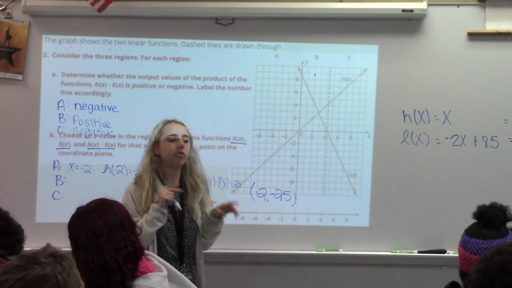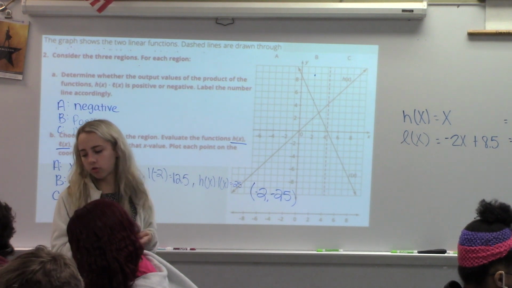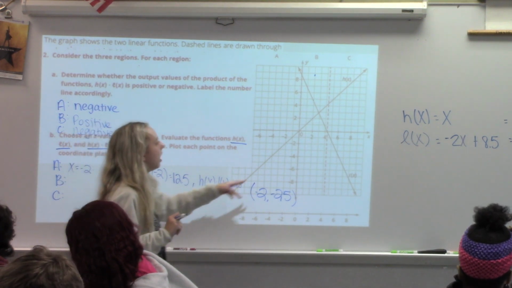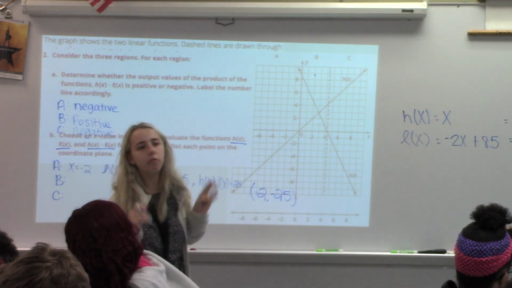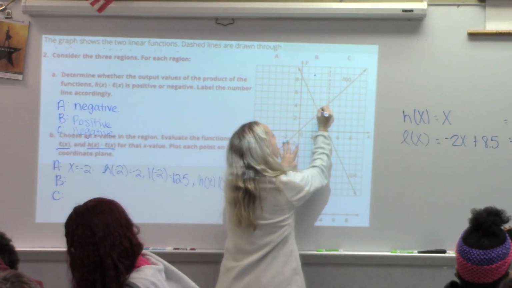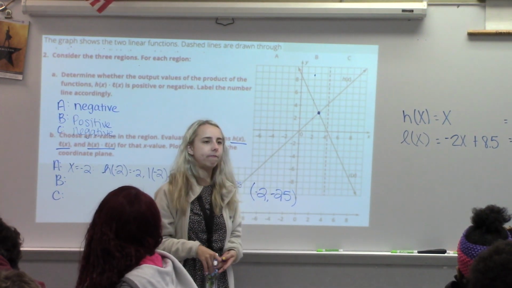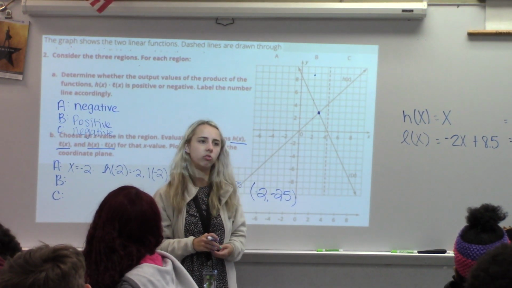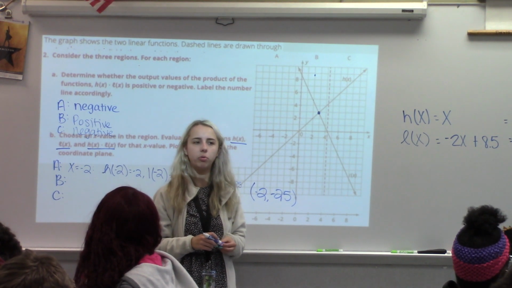So number 3, let's talk about number 3 really quick. It asks you to describe the product at the point of intersection of the two lines. So where they intersect, how am I going to figure out what the product of that is? What am I going to be multiplying?